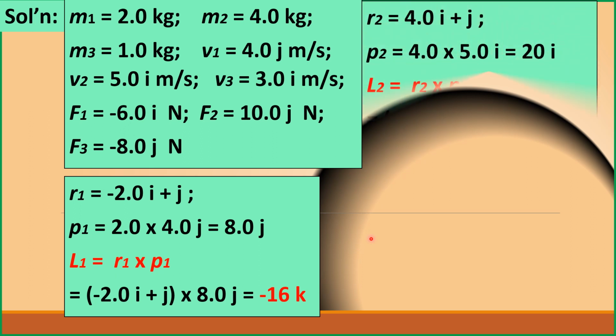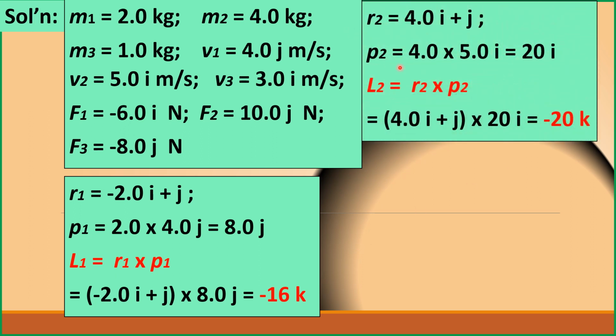And moving on to determining the angular momentum for particle 2, we have here the position vector of particle 2 equal to 4.0i plus j, and getting its linear momentum p2, which is just the product of the mass of particle 2, which is 4.0 kilogram, and its instantaneous velocity equal to 5.0i.